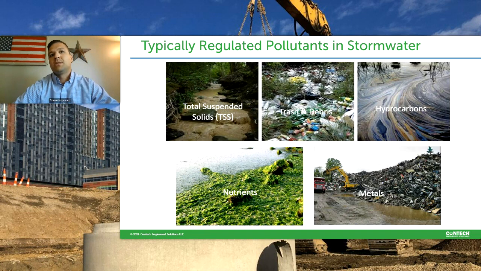So starting with some of the basics here, figured we'd keep it general and then whittle down into what hydrodynamic separators actually get into. This slide shows us what typical stormwater pollutants we see. The top 3 are really what we're concerned with: total suspended solids, trash and debris, hydrocarbons, aka oil for hydrodynamic separators.